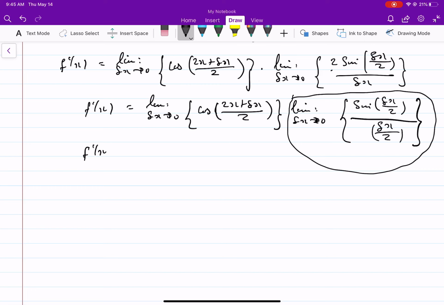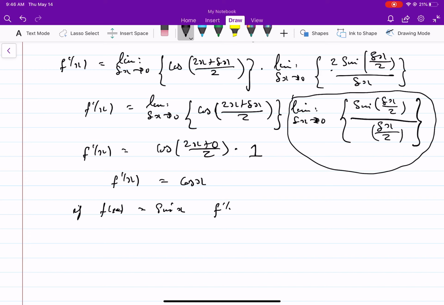So f prime of x becomes, I'll spell it out, cos of (2x plus 0) upon 2 times, and the second piece is just 1. 2x plus 0 is 2x. 2x upon 2 is x. Cos x times 1 is just cos x. f prime of x is cos x. I like this. So if we were to summarize, if f of x is sine x, then by first principles, f prime of x gives me cos x. Nice.